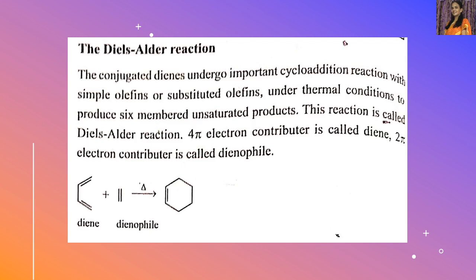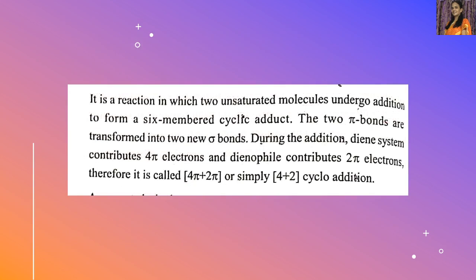So here what happens? Let us see the reaction. This Diels-Alder reaction is a reaction in which two unsaturated molecules undergo addition to form a six-membered cyclic addition product. Adduct is addition product. So the two pi bonds are transformed into two new sigma bonds during the addition.